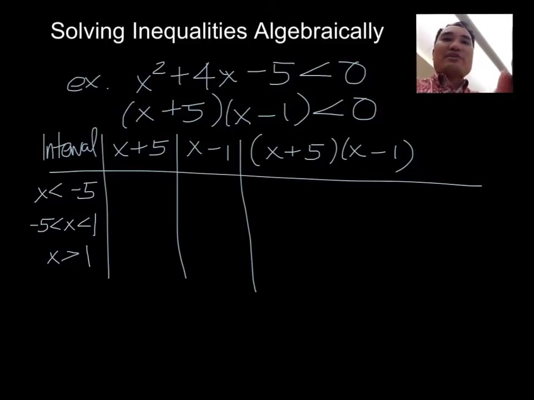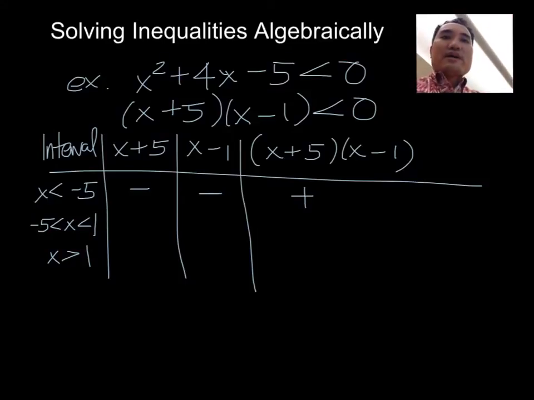So then we test values. We pick a value that is in this first interval, like x being negative 10. If we did that, negative 10 plus 5 is negative. Negative 10 minus 1 is negative. So x plus 5 times x minus 1 would be positive because a negative times a negative is a positive. In this second interval, let's choose an easy number to work with, like 0.